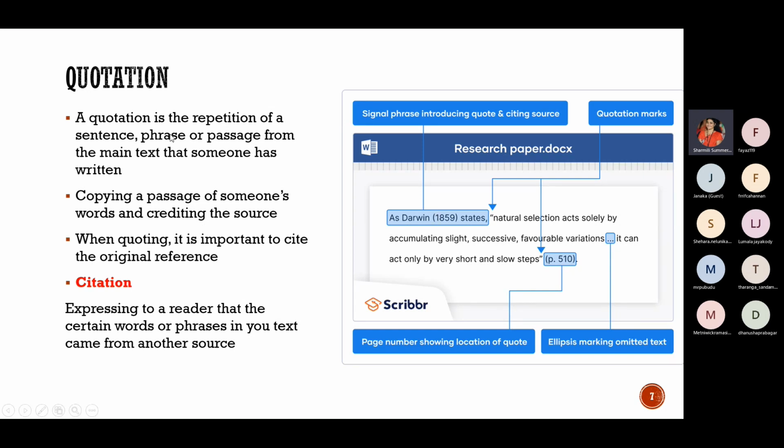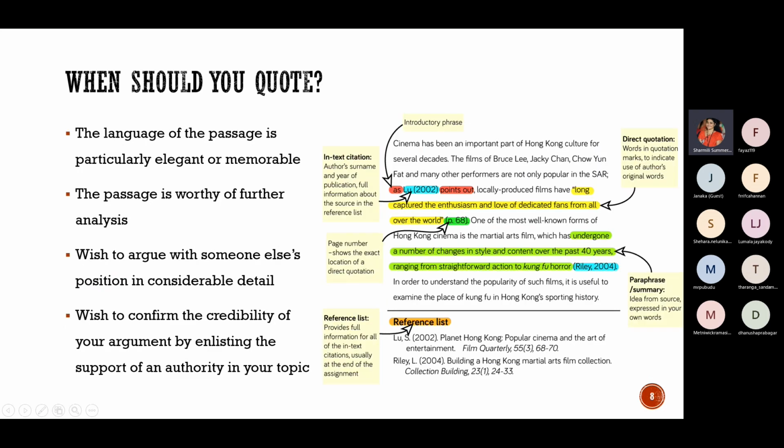These are the three important things you need to be very cautious about. And when should you quote? Why do you need to quote? First, if the language in the passage is memorable, or if you are impressed with the passage's language. Second, if the passage is worthy of further analysis. Third, if you are considering in detail someone else's position and need to provide credit.